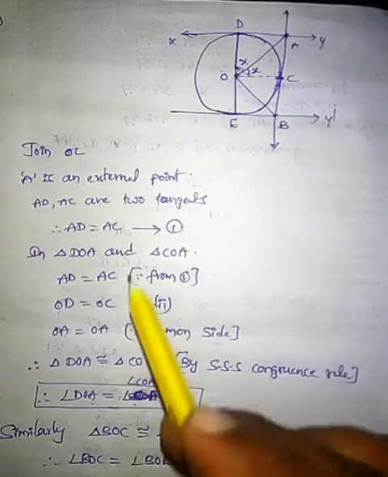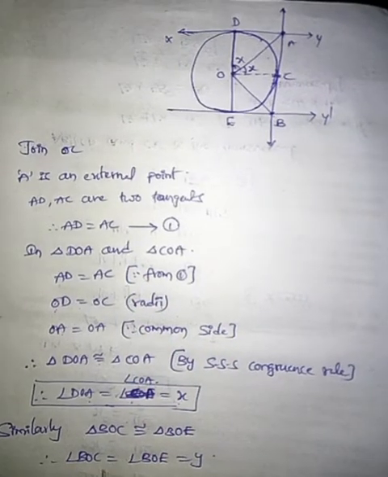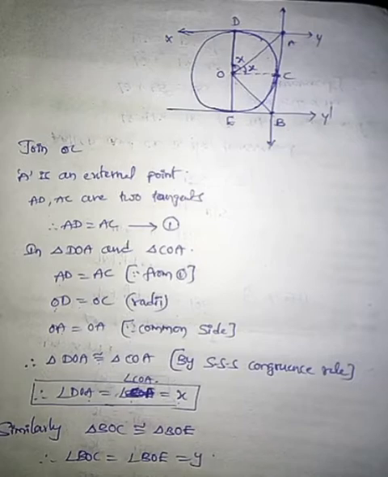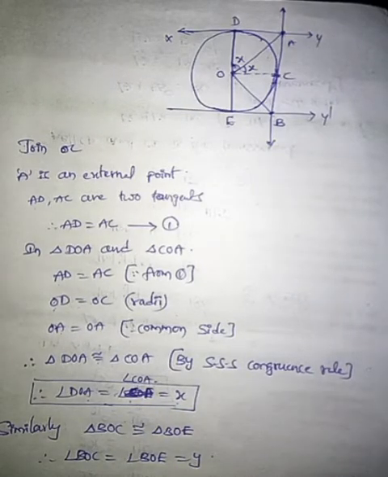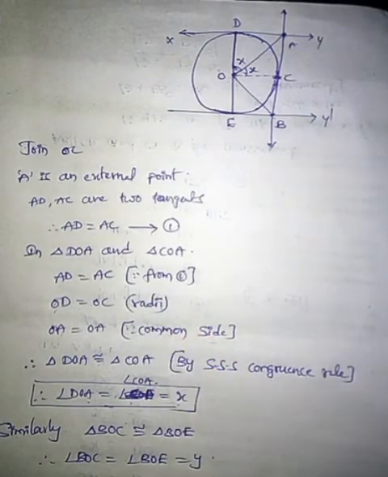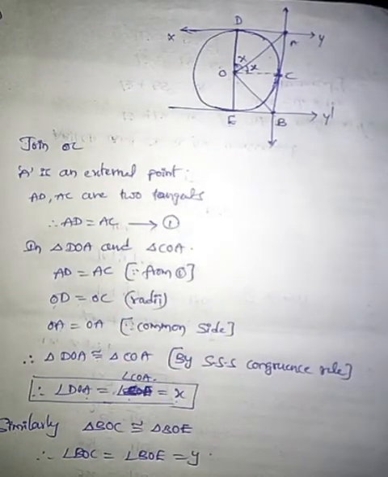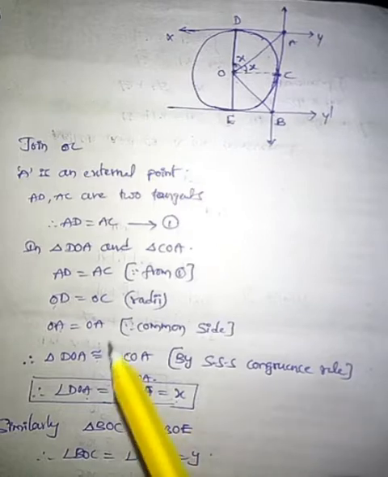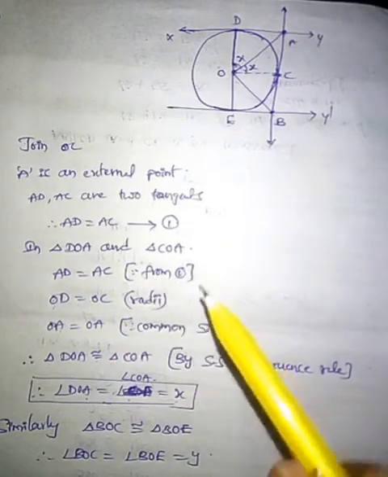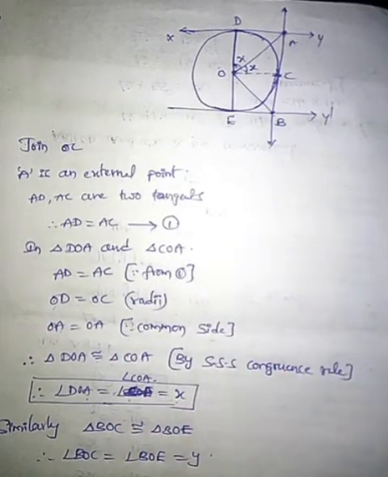These use the same method, that's why I wrote similarly. If you want to write all these steps you can, but it is not necessary, so you can write similarly.